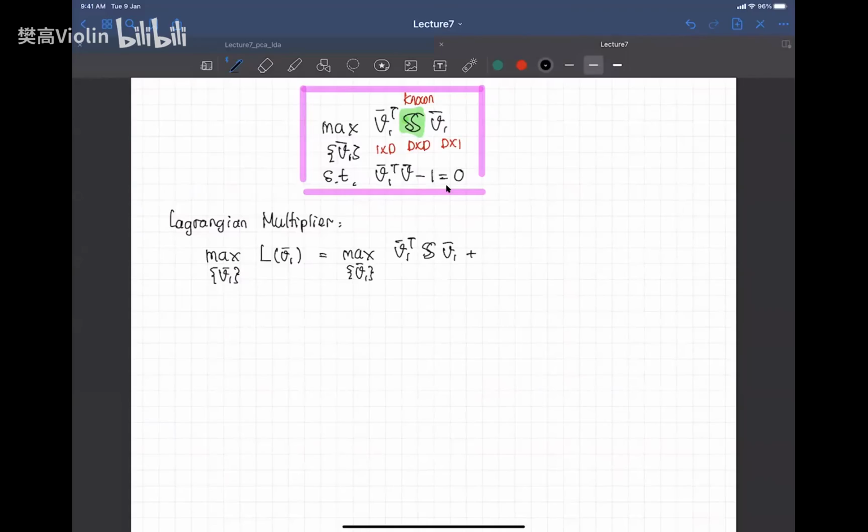Well, the second term will be the constraint. And to put in the constraint, we have to multiply it with the Lagrangian multiplier. So lambda 1 here is a Lagrangian multiplier. Yes, that's already mentioned by Shicha. We have lambda 1 multiplying the constraint V1 transpose V1 minus 1.